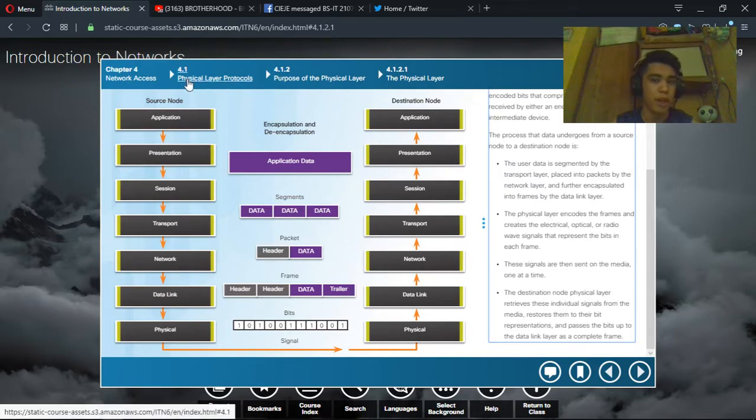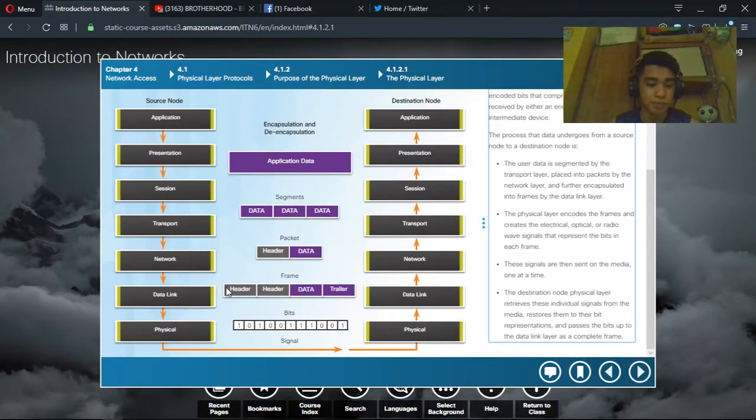So here we can see the source node and the destination node. The source node begins with an application, and the application data is encapsulated and becomes a segment on the transport layer, and on the network layer it will become a packet with a header.